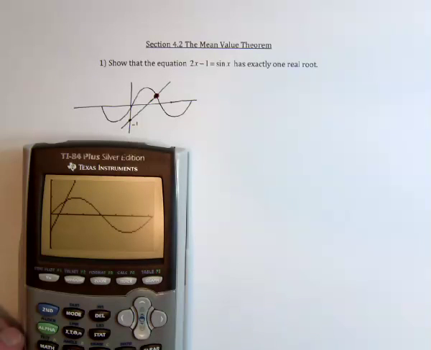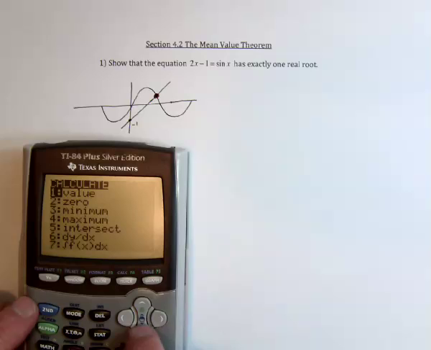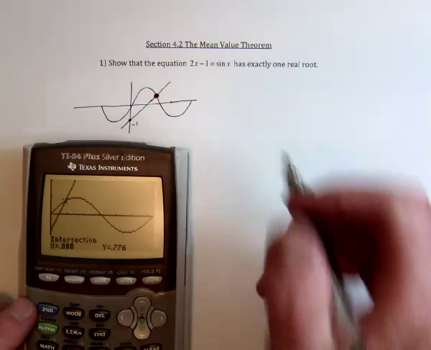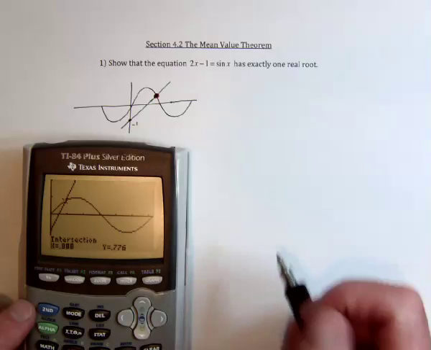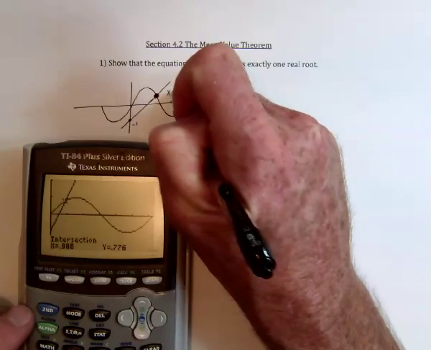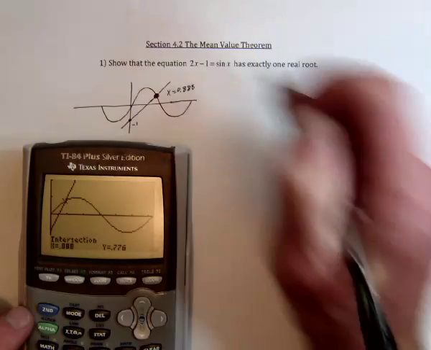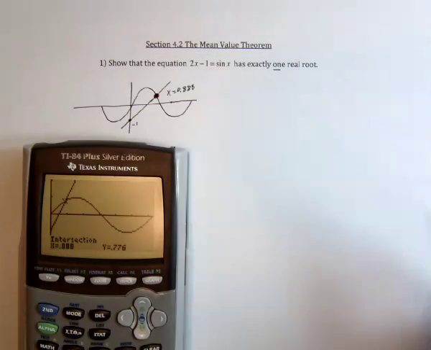And so there's the value, so let's calculate the intersection. All right, so that's at, oh nice, x equals 0.888. So there is one solution.